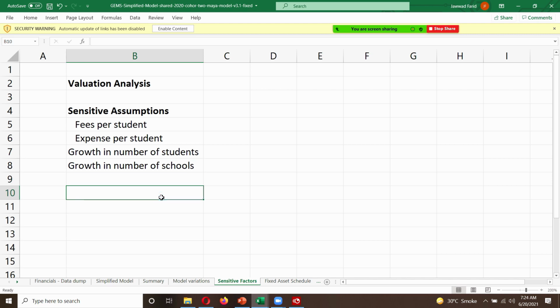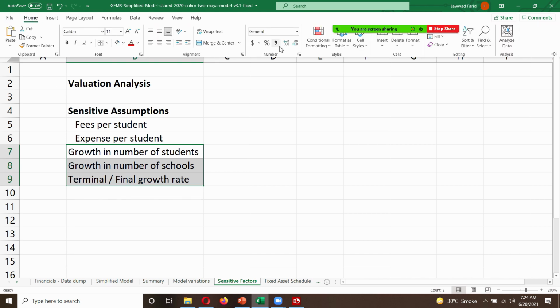And then I've got my terminal growth rate, which plays a really big part, terminal growth rate or final growth rate. It plays a big part in the overall valuation figure. Anything else you'd like to test or check?